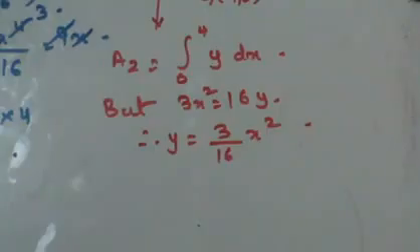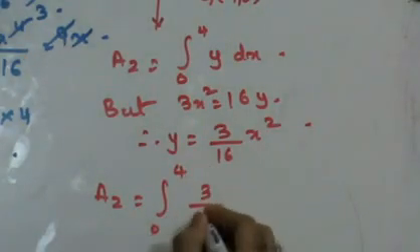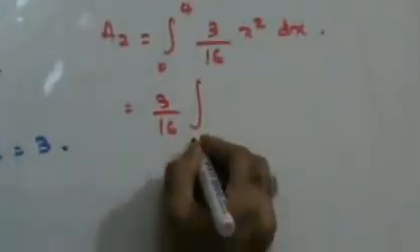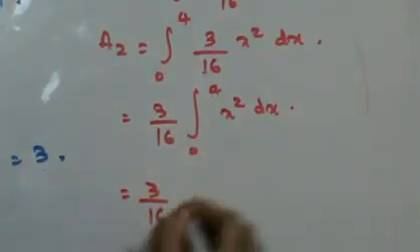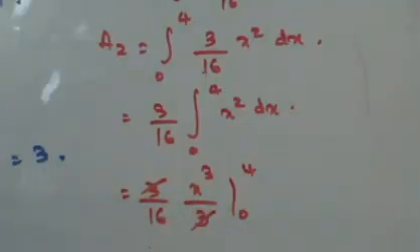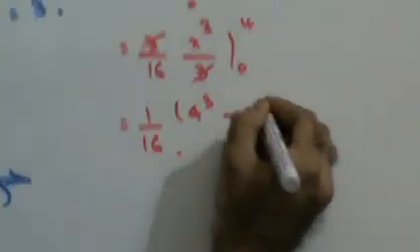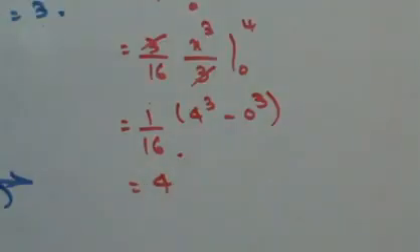Substitute the value of y, so A2 is the integral from 0 to 4 of 3 by 16 x square dx. 3 by 16 comes out, the integral of x square dx is x cubed by 3. When the limits are between 0 to 4, 3 and 3 get cancelled. This is 1 by 16 x cubed, that is 4 cube upper limit minus lower limit, 64 by 16, that is going to be 4.